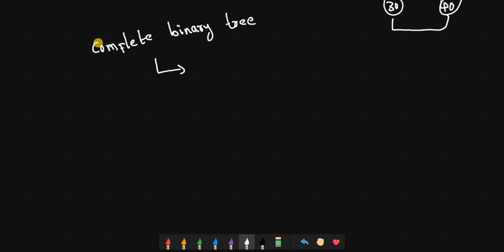And one more thing, a heap is also a complete binary tree. That means all levels in the tree are filled except the last level, which fills from left to right. For example, let's take 30, 10, 25 and 4. This is a complete binary tree: all levels are filled except the last level.